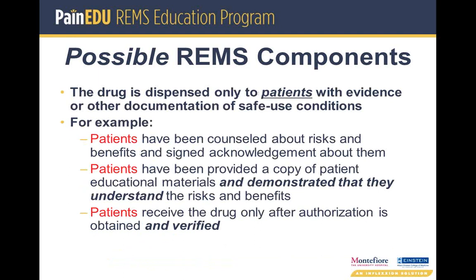Possible components for REMS for patients include that they have been properly counseled and that there is a demonstration that they understand the benefits and risks associated with the drug, and this must be documented in the patient's medical record. Going back to the examples of thalidomide and Accutane, there are actually registries that the patients are linked to, so that there is clarity and transparency and documentation that this education has taken place.